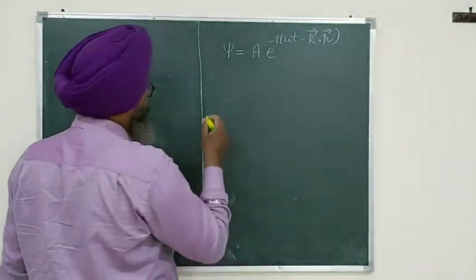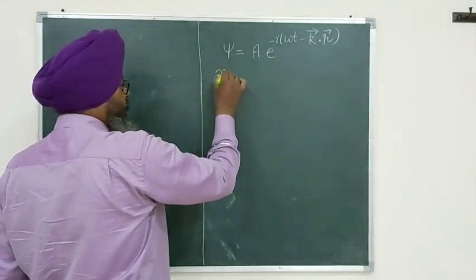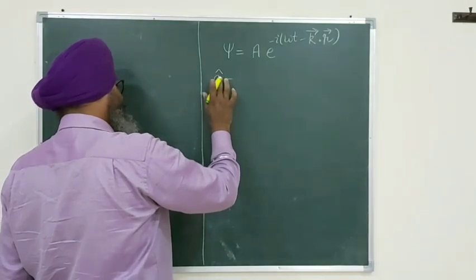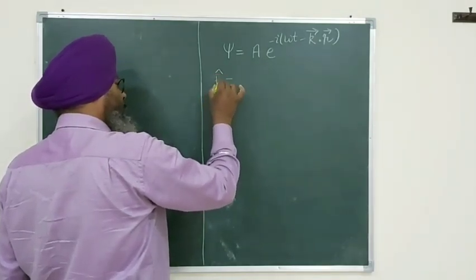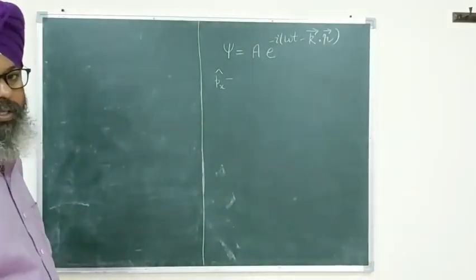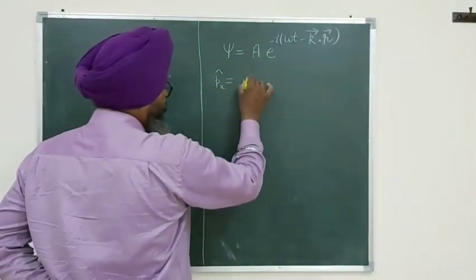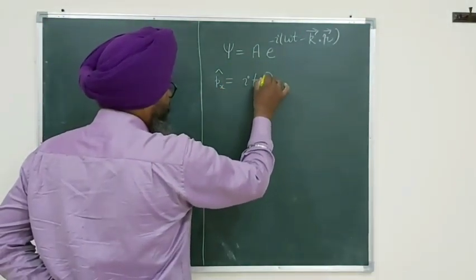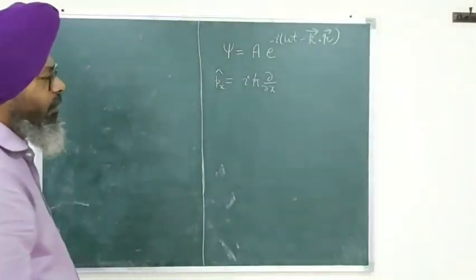Okay, let me take an example. Suppose I take A cap, rather instead of A cap, I would use a new symbol, px cap. Let us say this is px cap. This operator is iota h cross partial by partial x. Partial by partial x is a partial derivative.